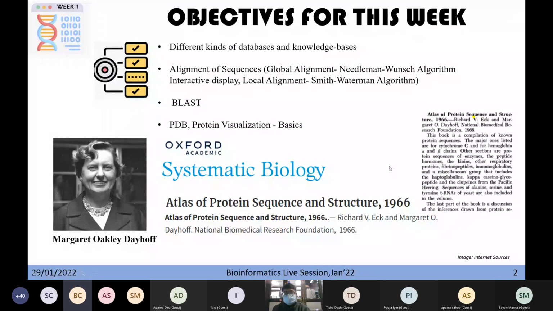I want to give you a glimpse of this history, so that you can appreciate how it inspired the whole field, how it is getting utilized every day, and how important the field of bioinformatics and computational biology has become.